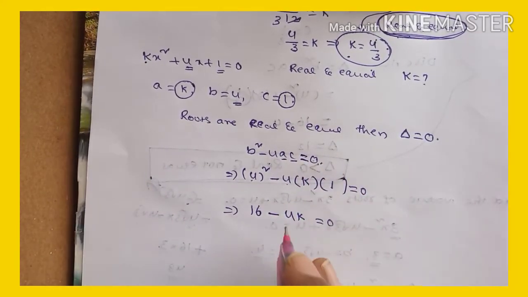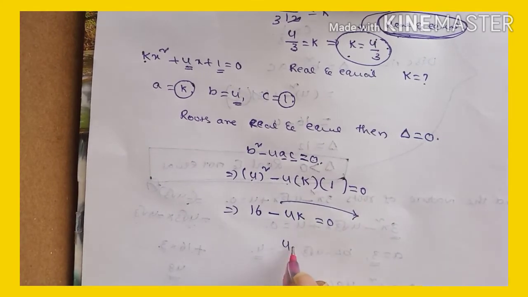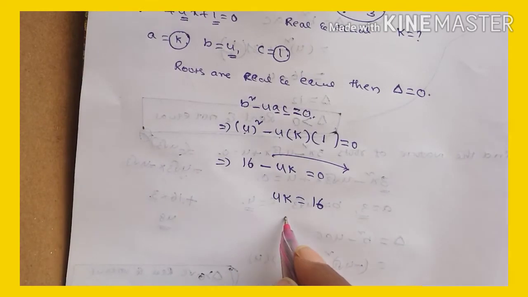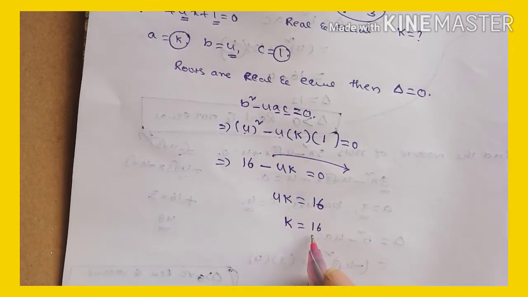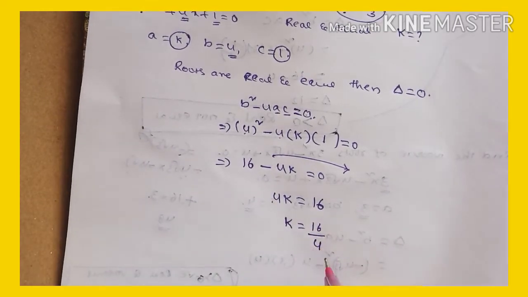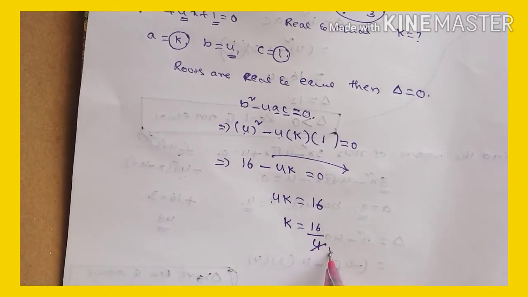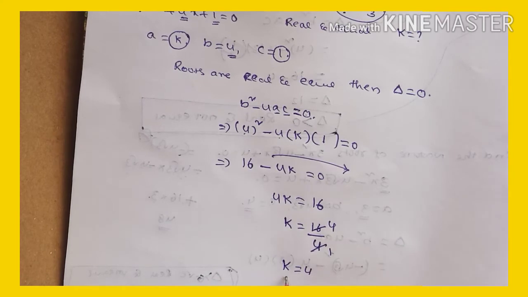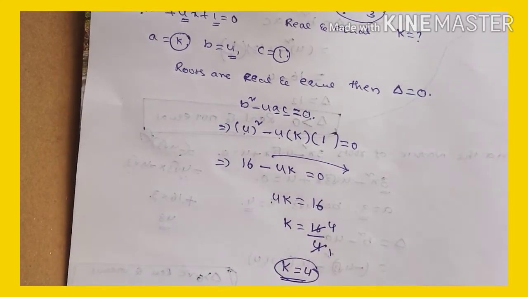So 0, minus 4k transpose, plus 4k. So 4k is equal to 16. Value of k is equal to 16 into 4 transpose by 4. 4 fours are 16. Value of k is equal to 4.